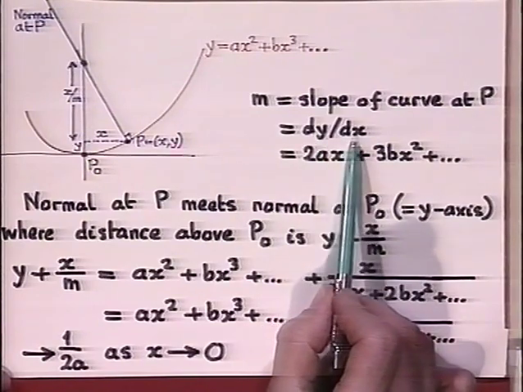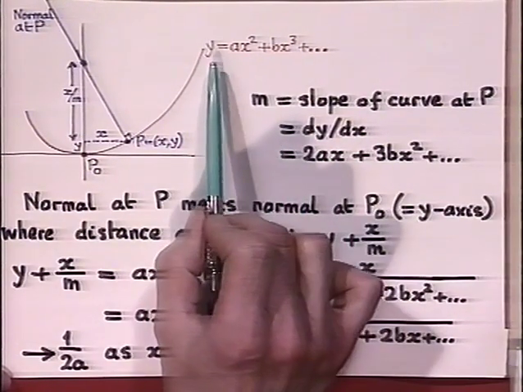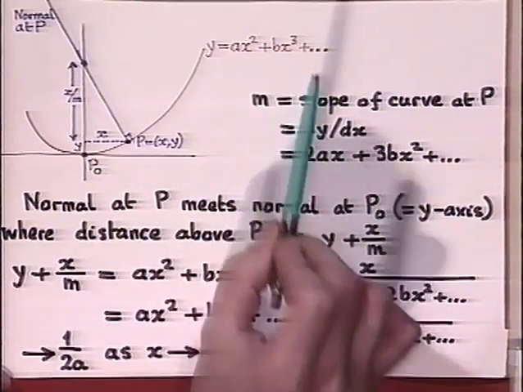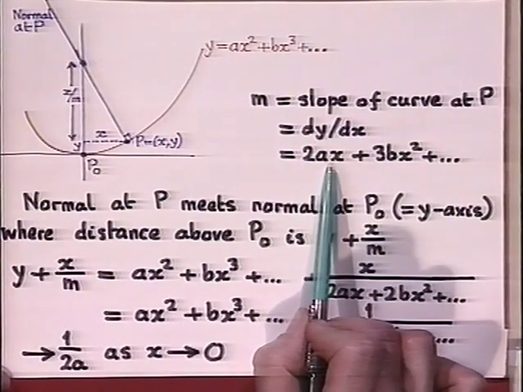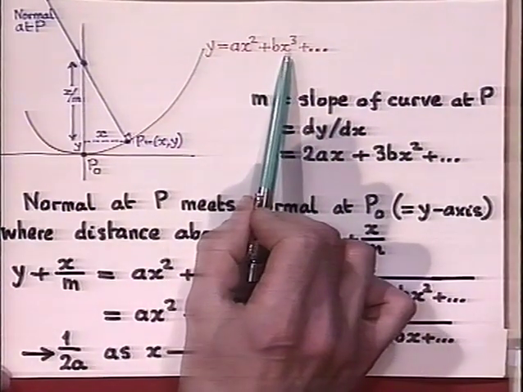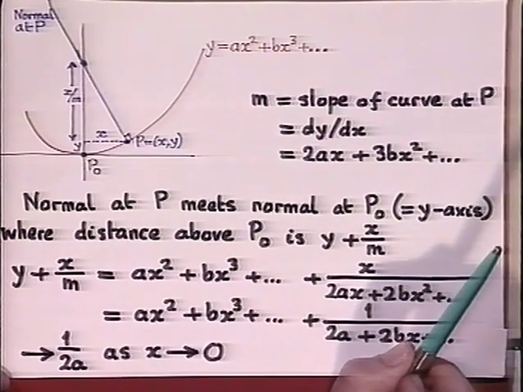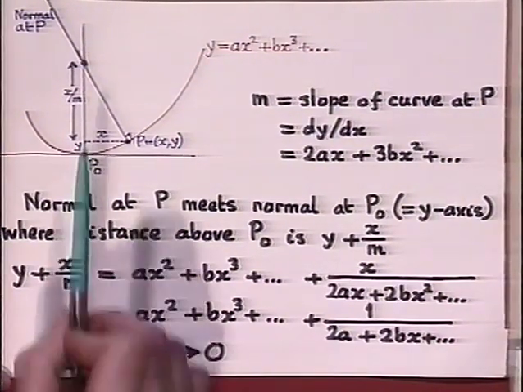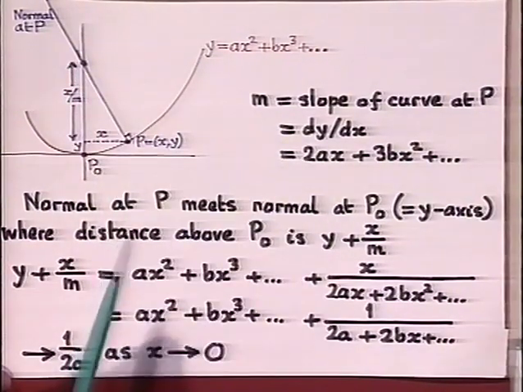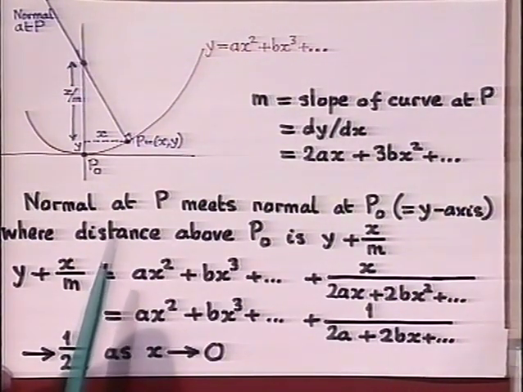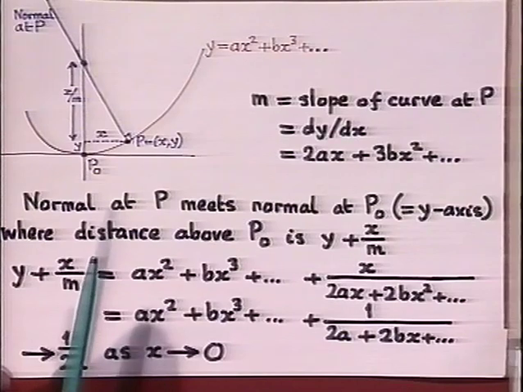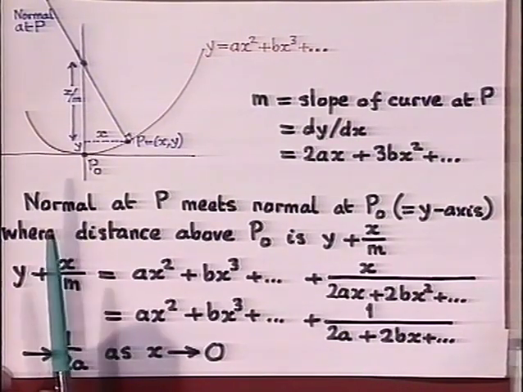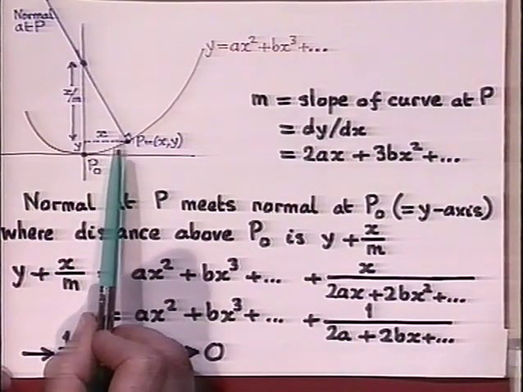This is dy by dx, the derivative, and y is ax squared plus bx cubed, so we can work that out. Differentiating, this is 2ax plus 3bx squared, and then there may be higher terms. To work out where the normal here meets the normal here is then an exercise in coordinate geometry, or alternatively an exercise in similar triangles, which I won't go through. You might enjoy trying it for yourself.